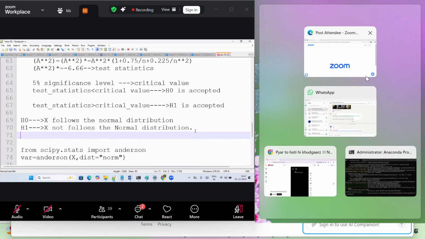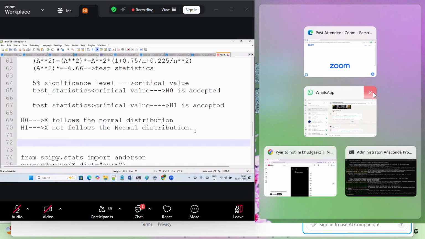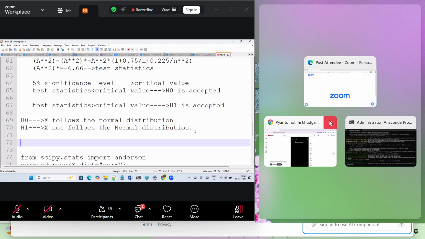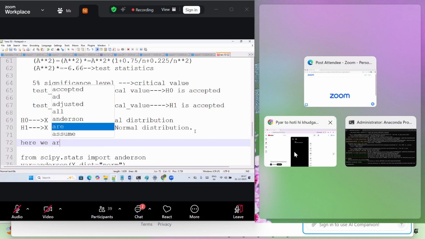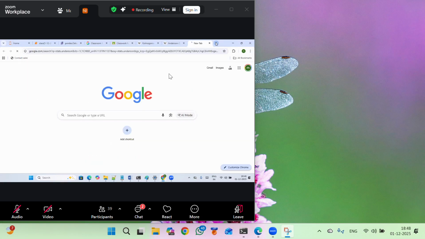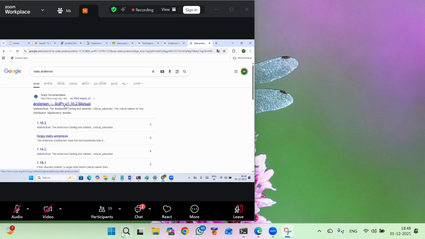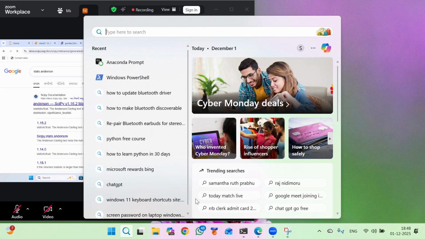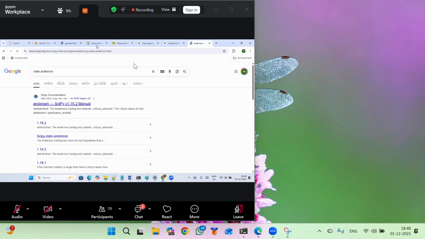You will be confused about why you are not taking test statistic greater than the p-value, correct? But here we are checking the critical value of the significance level. So here we are checking... Simple, guys.